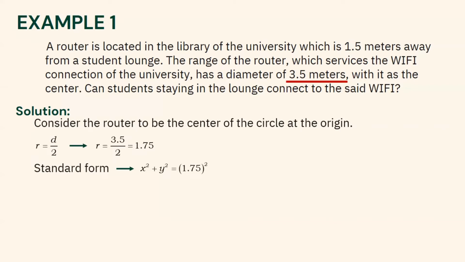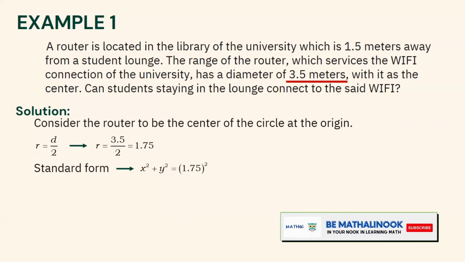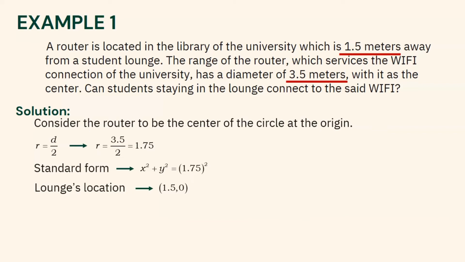Since the student lounge is 1.5 meters away from the router, we can consider its location to be on the x-axis with coordinates (1.5, 0). To determine if the lounge is within the service area of the router, we need to show that the point (1.5, 0) will satisfy the inequality x squared plus y squared is less than or equal to (1.75) squared.